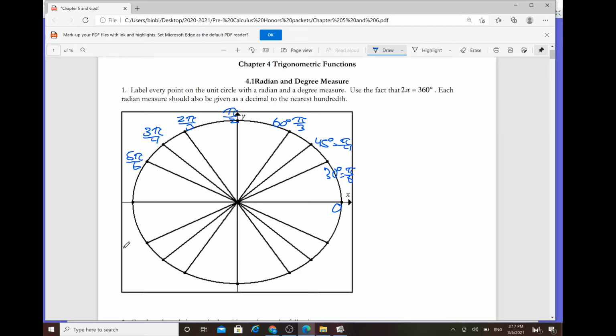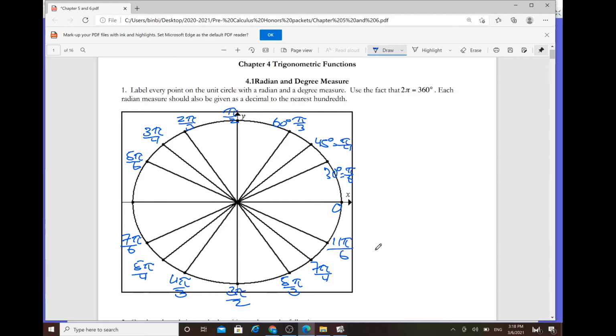Down here would be 7 pi over 6, 5 pi over 4, and then 4 pi over 3, 3 pi over 2, and then 5 pi over 3, 7 pi over 4, and 11 pi over 6.